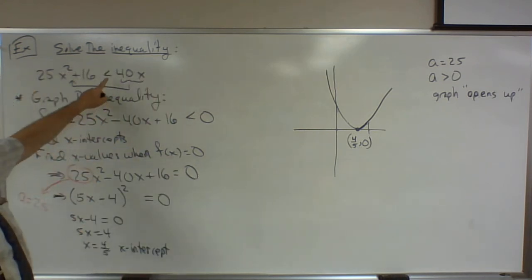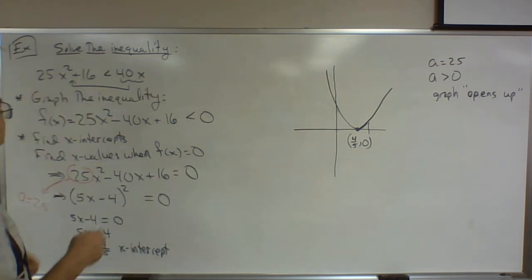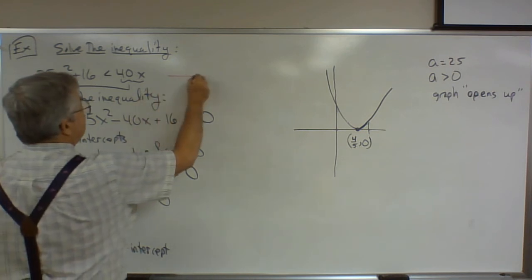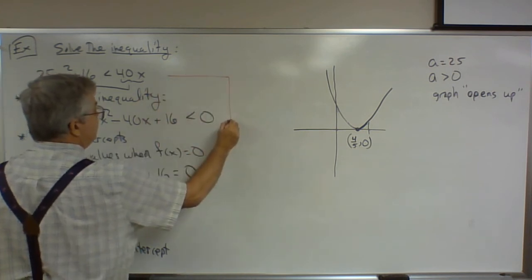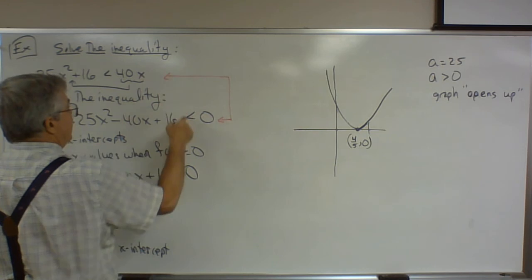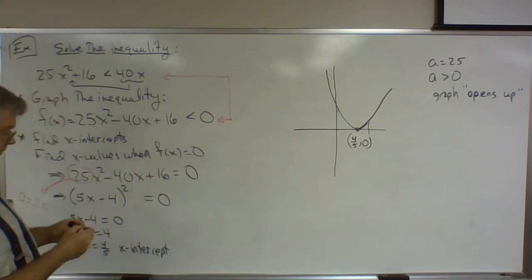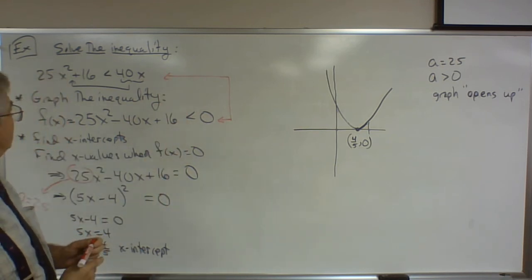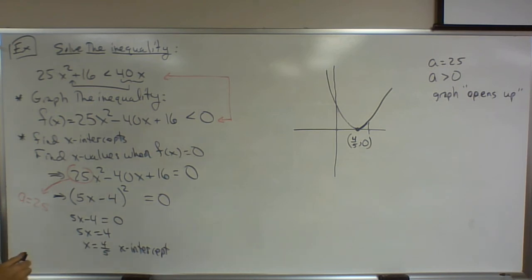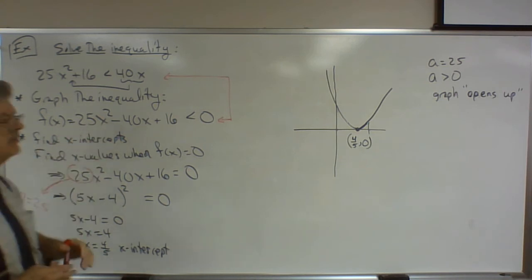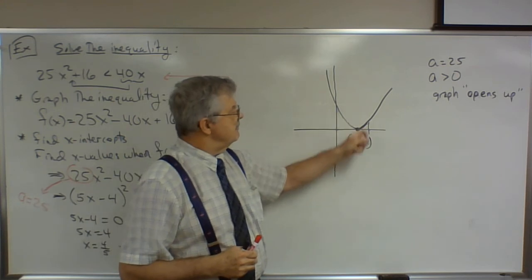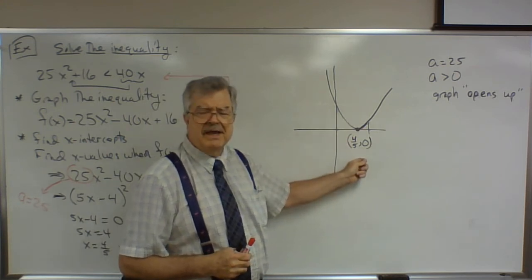So we're trying to solve this inequality, but that's the same as this inequality. Son of a gun, where is f of x less than 0? Where does this graph ever go below the x-axis?